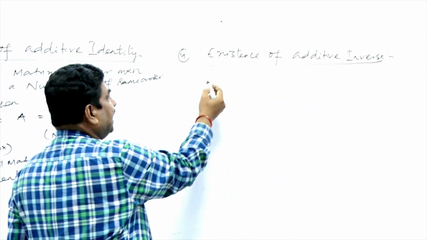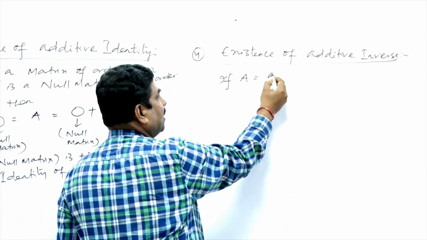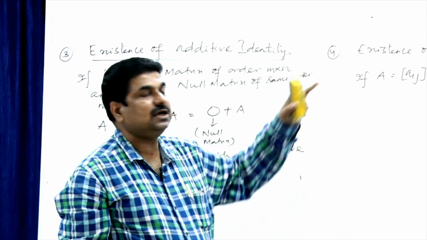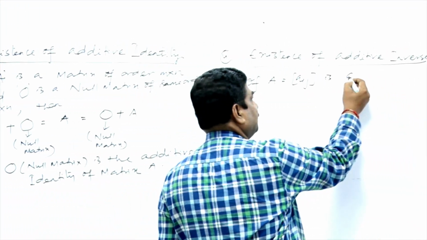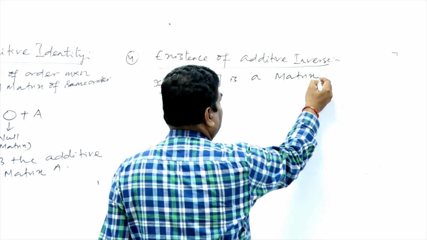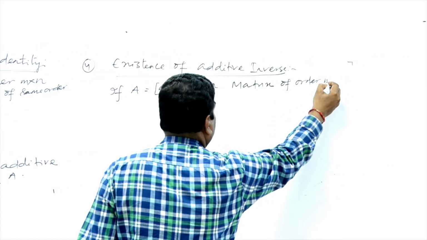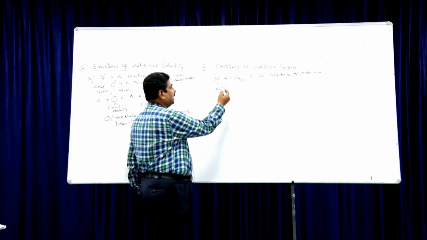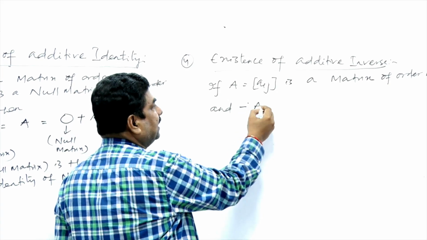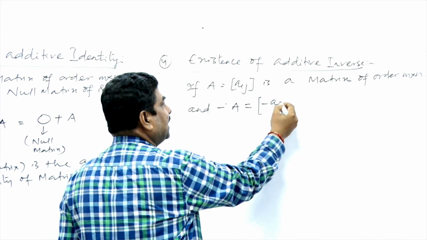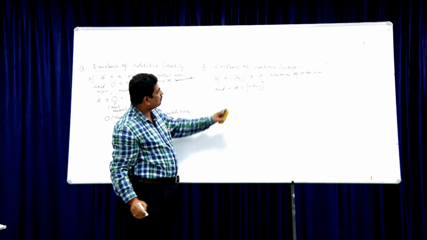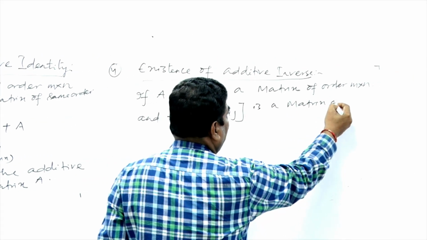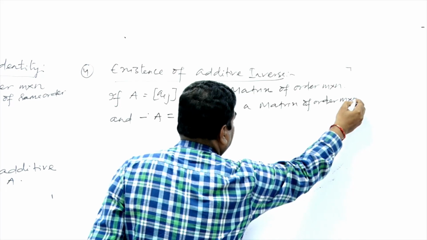Here you see, if A is equal to Aij is a matrix of order m by n, and minus A which is equal to minus of Aij is also a matrix of order m by n.